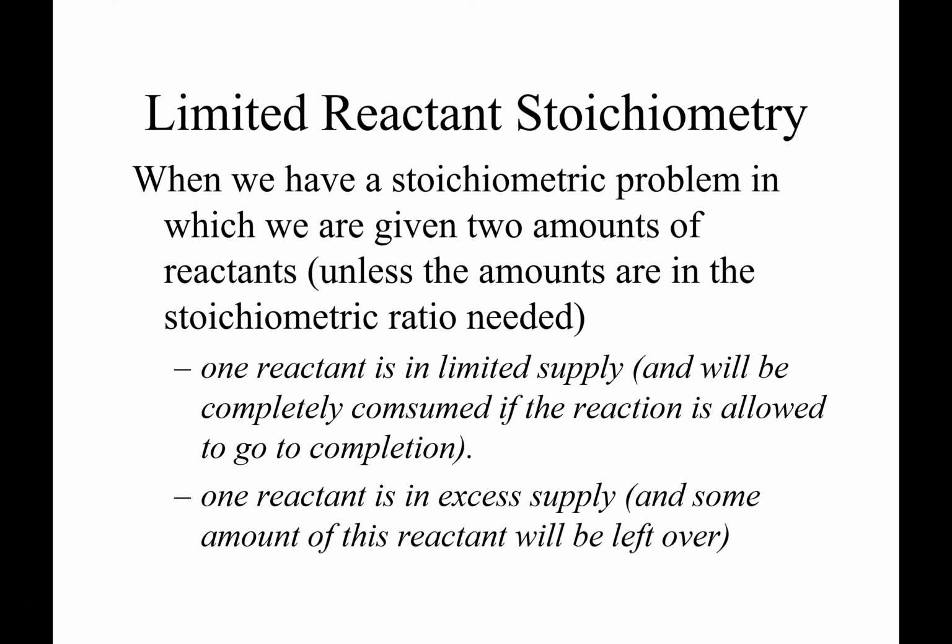If I go with my sugar, I can make 2 batches. Okay, so this is actually our limited reactant. It is in what we say limited supply. And then guess what? These guys are both in excess. They are reactants in excess, a bulk supply.